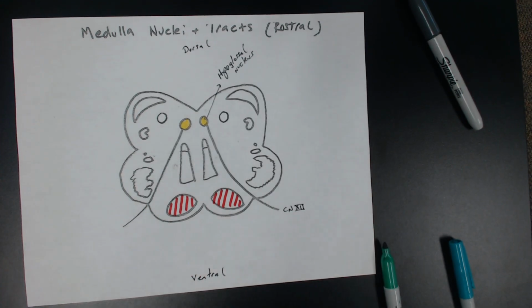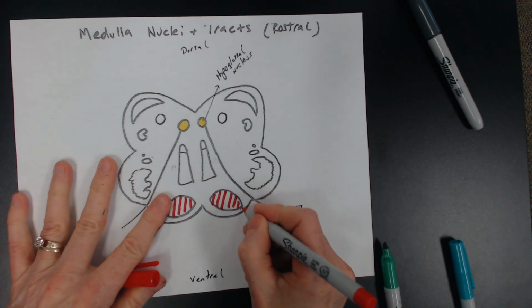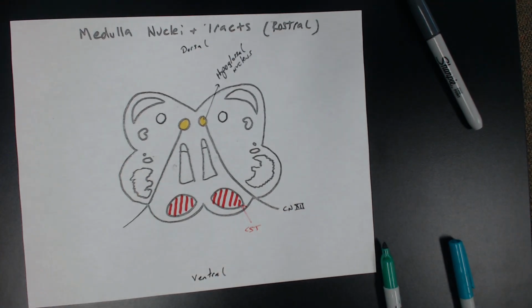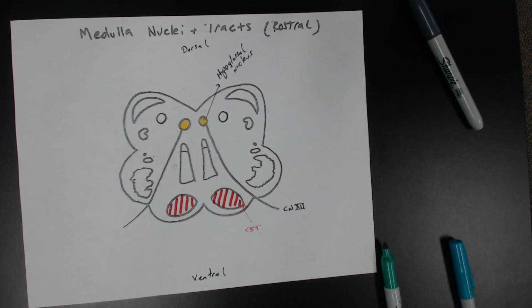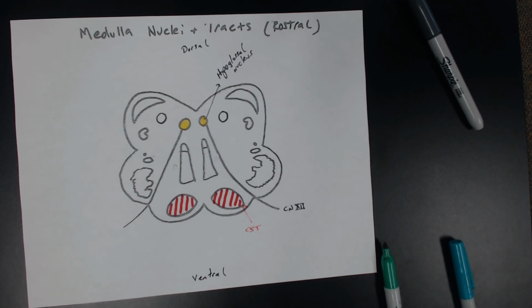What's the main efferent tract for motor function? Corticospinal, right? It's going to be your corticospinal tract.